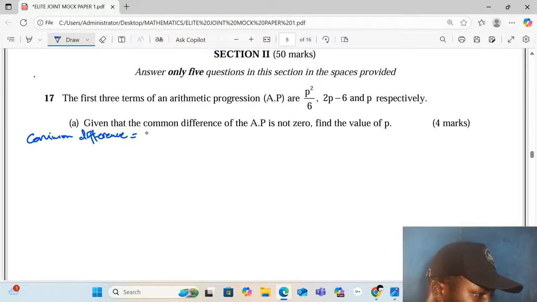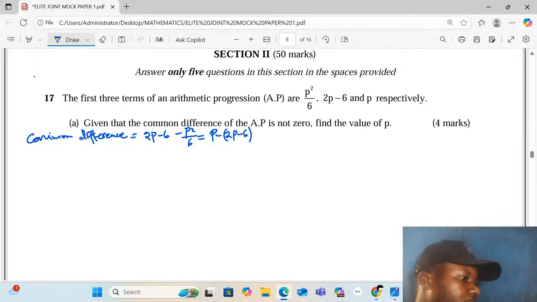So we're going to check 2p minus 6, then minus now the first term, which is p squared over 6, which is equal to p minus 2p minus 6. So this is how we find our common difference.